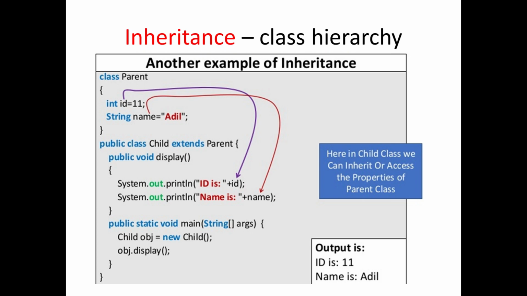The child class consists of only one method, a display method, which prints the value of id and the value of name. Here id and name are both properties of the parent class.